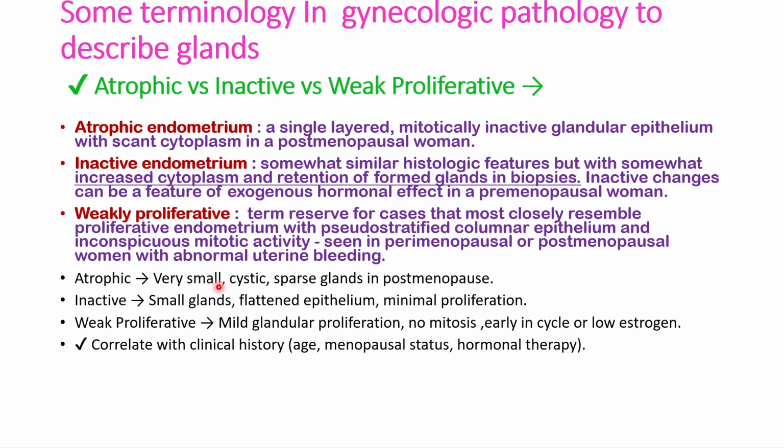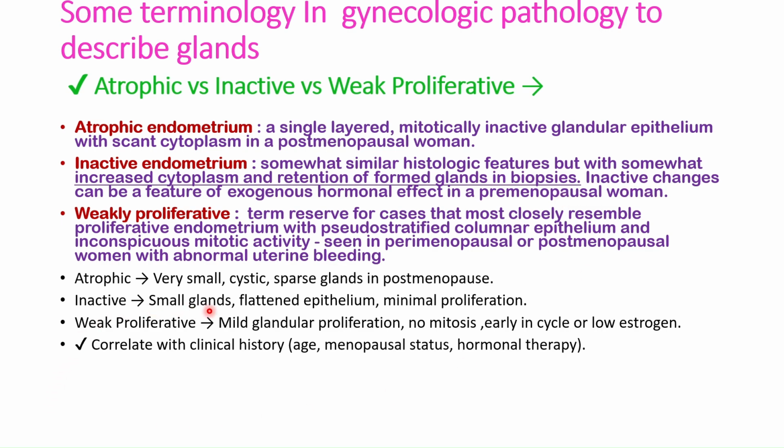So, these are very small, cystically dilated glands with cuboidal to columnar epithelium. Inactive endometrium has somewhat similar histological features but with increased cytoplasm and retention of formed glands in biopsy. This is a feature of exogenous hormonal effect in premenopausal women.